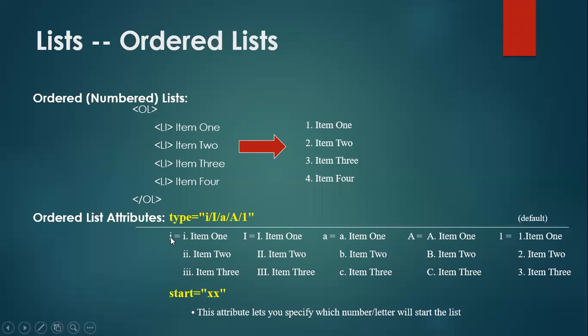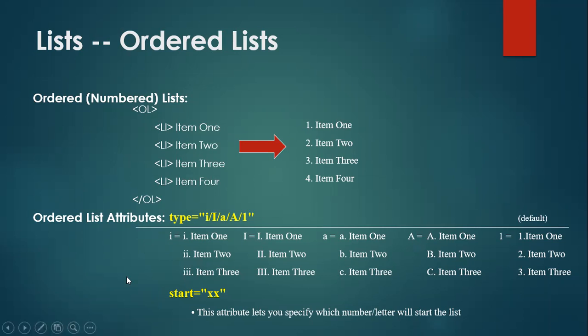With small i, when we give the value of this type attribute in double quotes as small i, the list will be created with small Roman letters. And when we give the type with capital I, the list will be created in capital Romans. And similarly with small alphabets, capital alphabets, and numeric is the default. When we skip the type attribute in this ordered list, that list will be created by default with numbers.